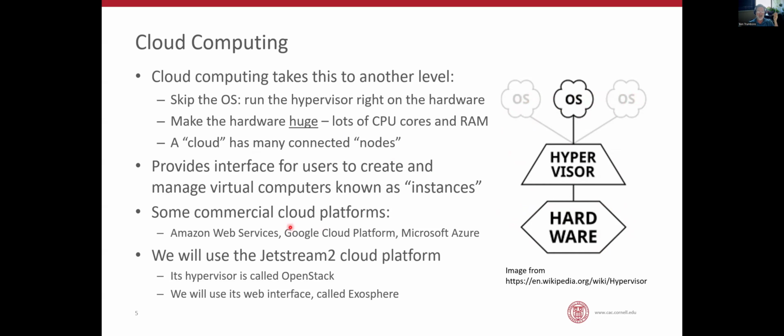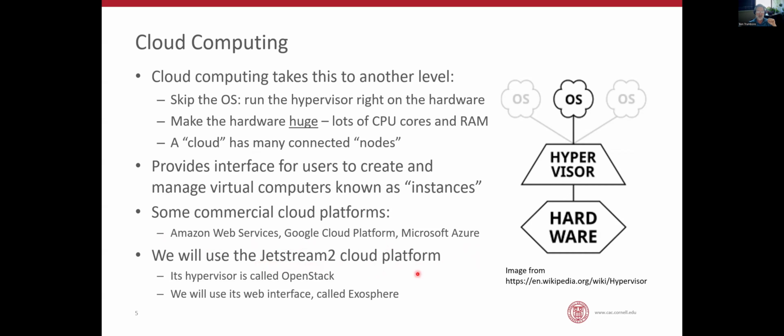You may have heard of some of the most popular commercial cloud platforms, Amazon Web Services, also called AWS, the Google Cloud Platform, some people call that GCP, Microsoft Azure, and there are many others. For this tutorial, we're going to be using a cloud platform called Jetstream 2, actually.